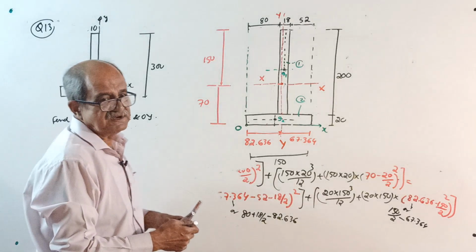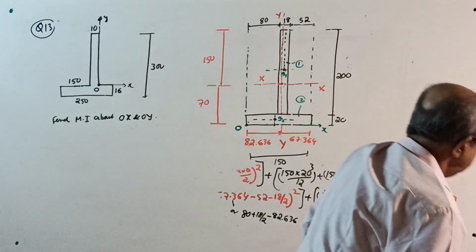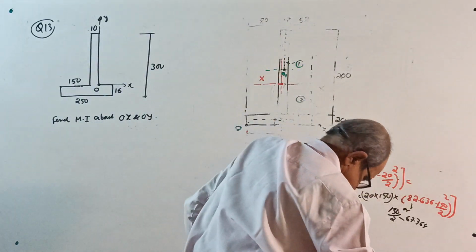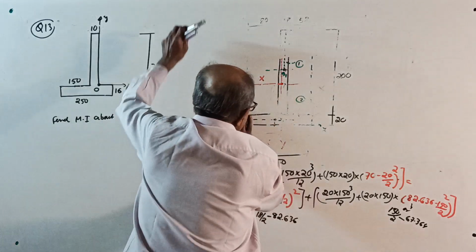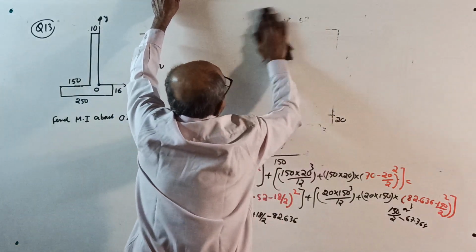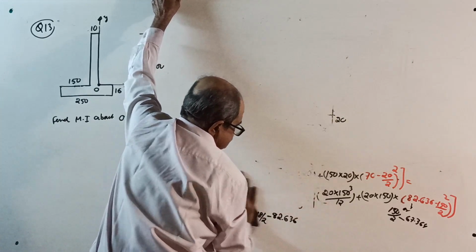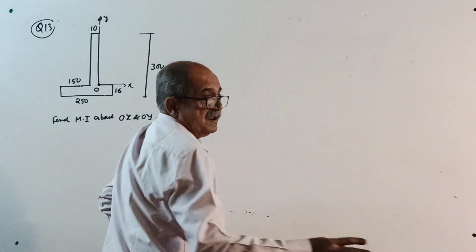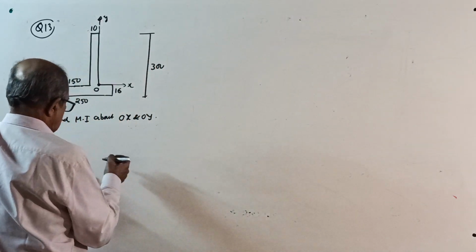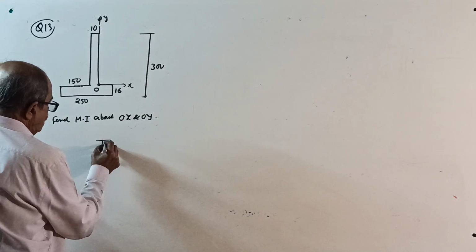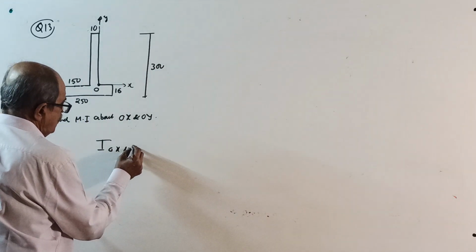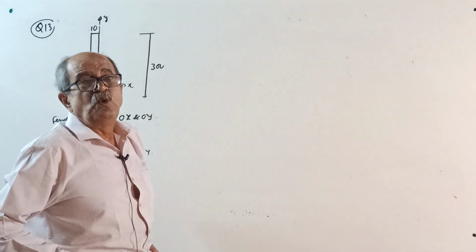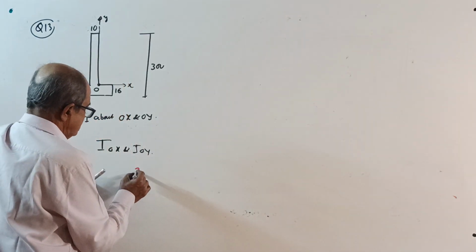Write the question first. First, you have to make a note. This is very, very easy because there is no locating the centroid. Required to find I about OX and OY. Therefore, no need of locating the centroid.